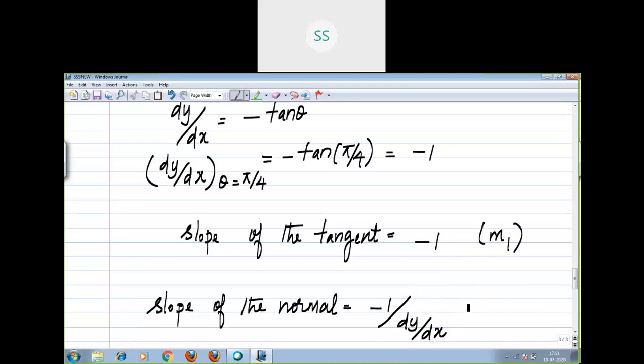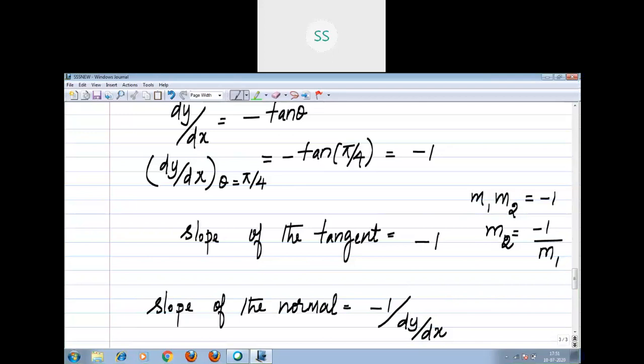Slope of the tangent is m1. Slope of the normal is m2. Then the product of the slopes is nothing but minus 1. m1 into m2 equal to minus 1. m2 equal to minus 1 by m1. See, your slope of the tangent is m1. Slope of the normal you consider as m2.